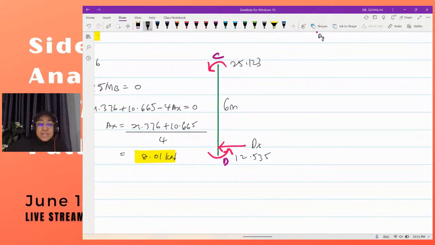So do the same, taking moment at C equal to 0.